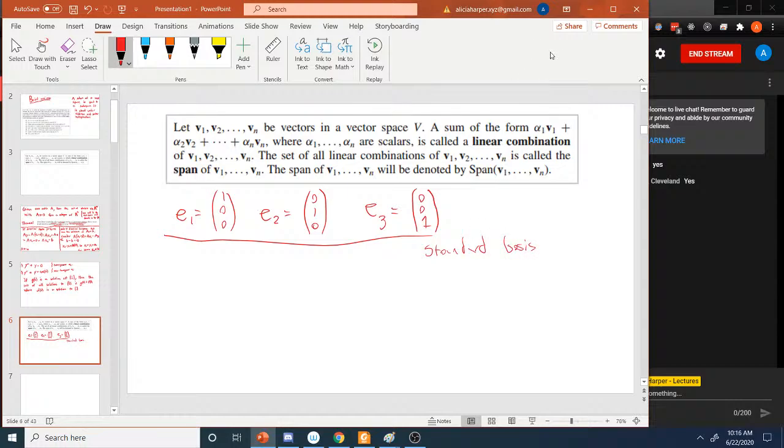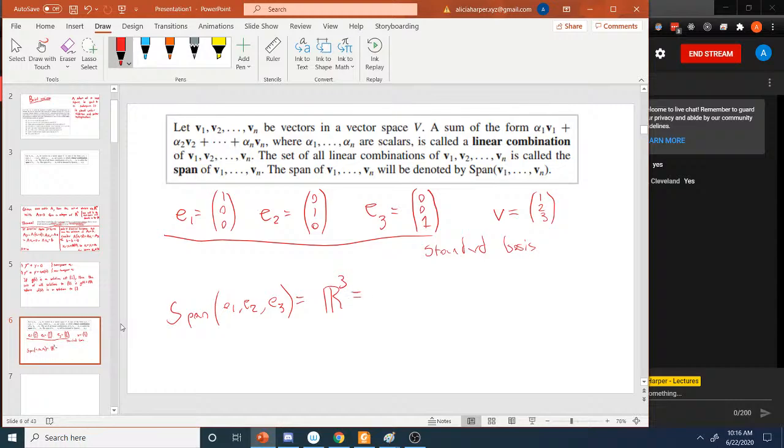So I want to consider these three vectors and then another vector as well, v. So here v will be the vector 1, 2, 3. Now, as we observed last time, the span of e1, e2, e3 is already equal to all of R3.